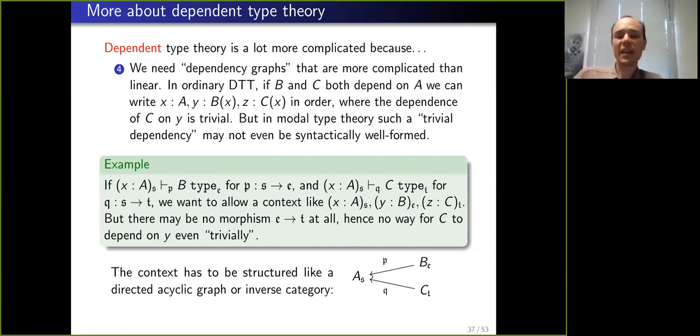Because if B depends on A via P, and C depends on A via Q, there may not even be a morphism at all between the types in order for C to depend on B trivially. And so the natural thing to do is to structure a context not just in a line, but with some sort of directed graph or some inverse category. And so somehow we have to build that into the syntax for our dependent modal type theory.